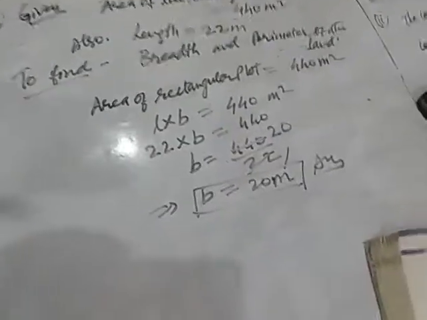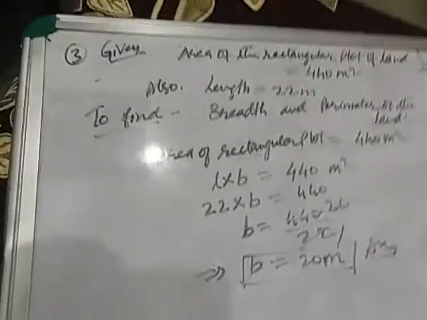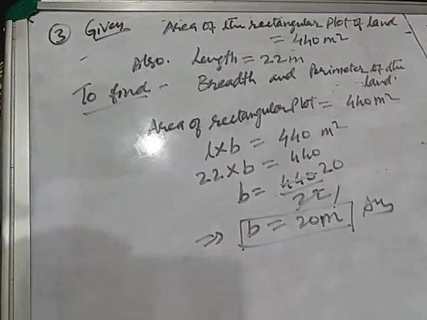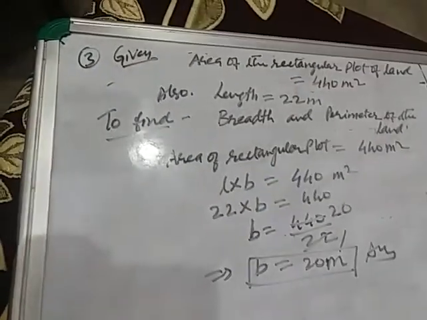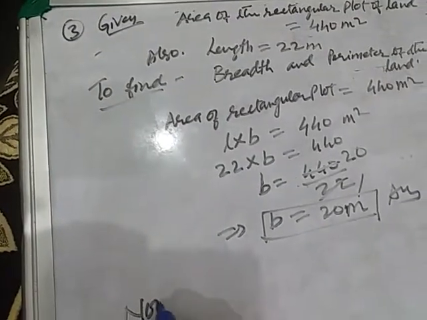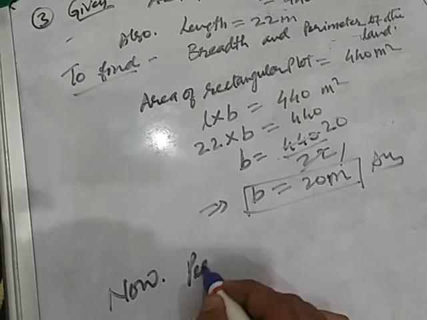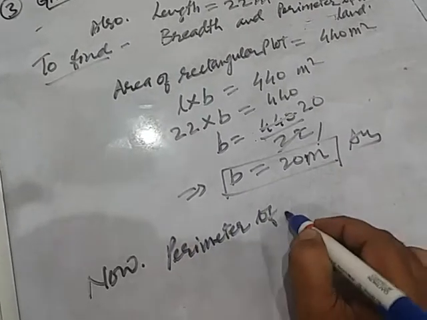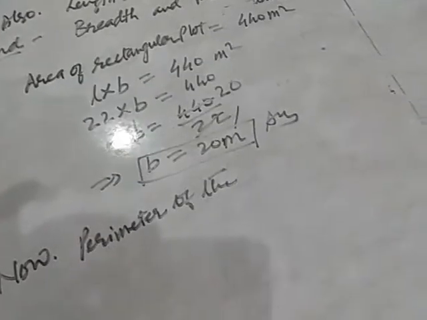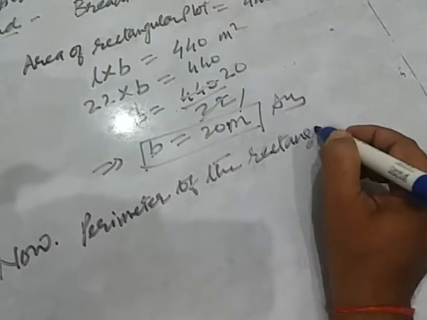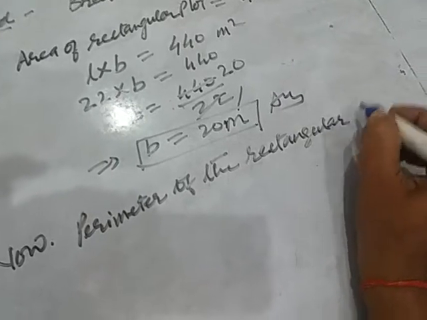Now what next thing we have to find out? Perimeter of the land. Now perimeter of the rectangular land.